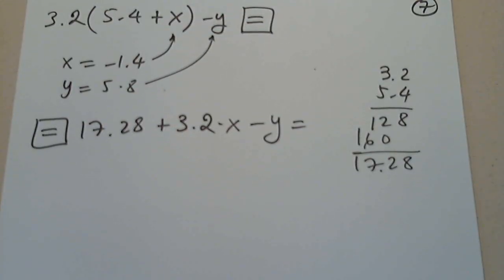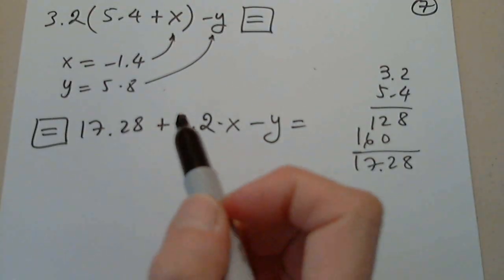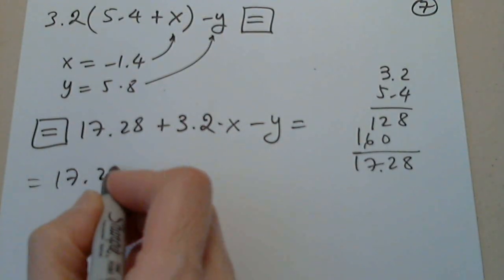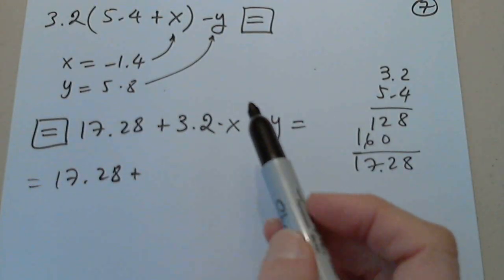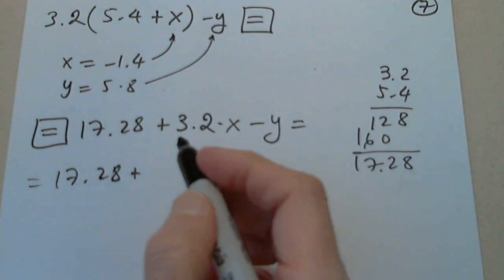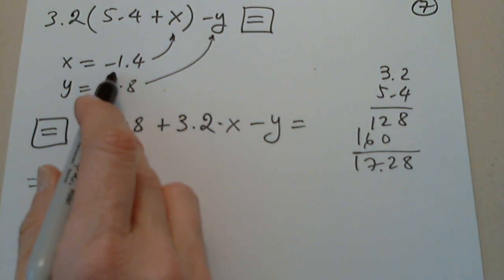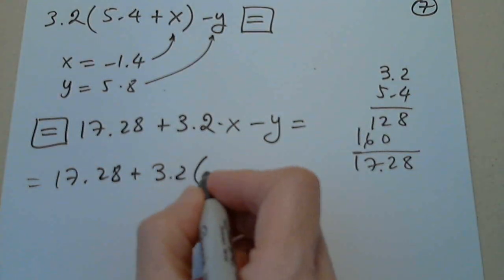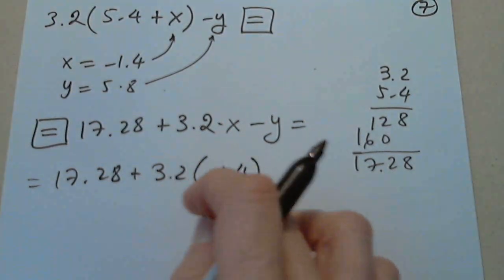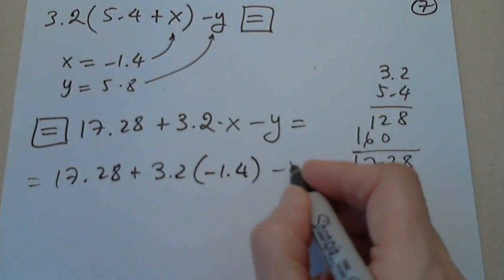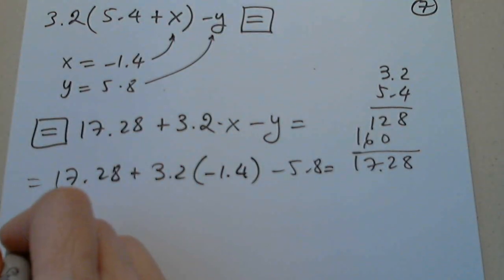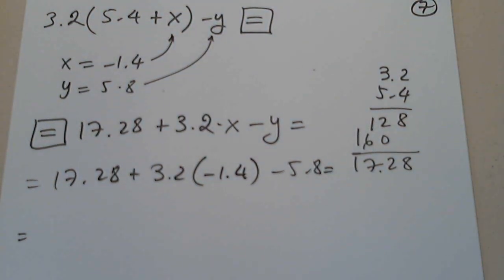That's fine too. Okay, so now I have 17.28 plus 3.2 multiplied by negative 1.4. Don't forget parentheses, this is very important, and then minus 5.8. Let's stop for a second and see if this is clear. Is this clear to everyone?